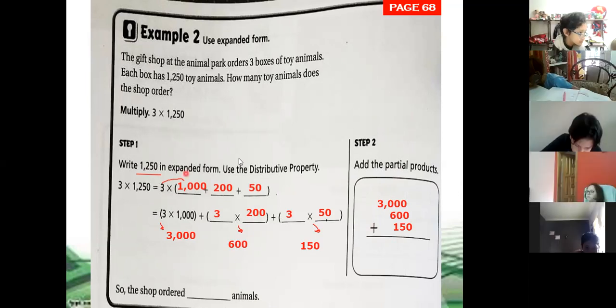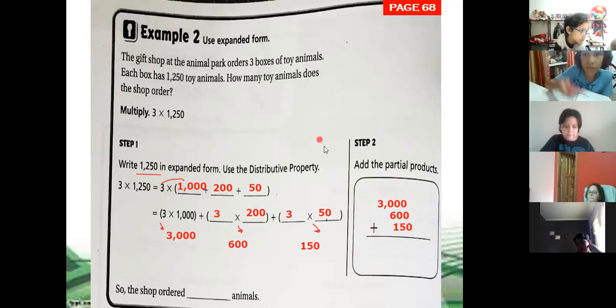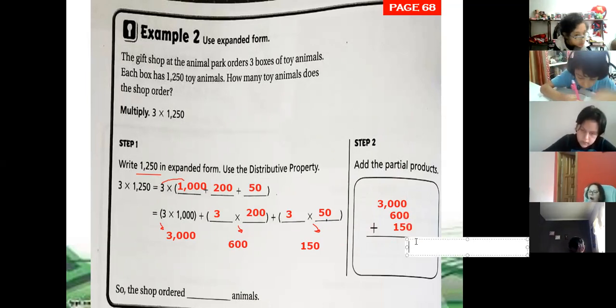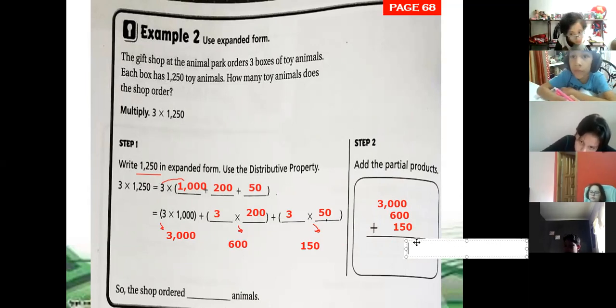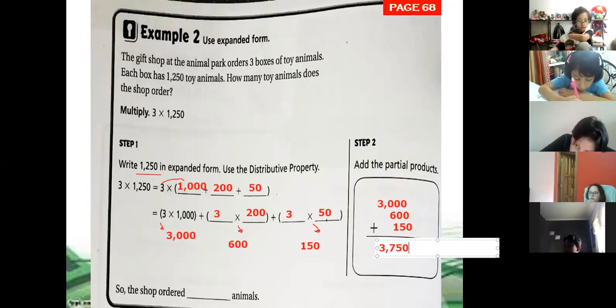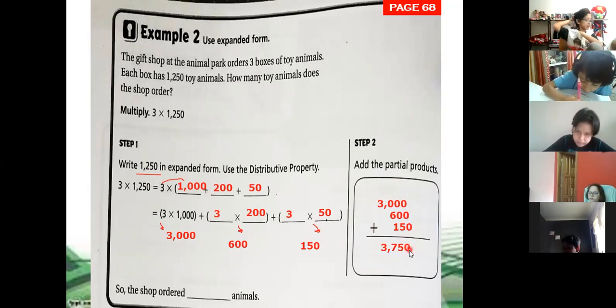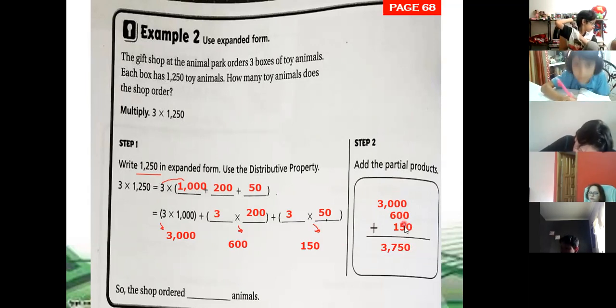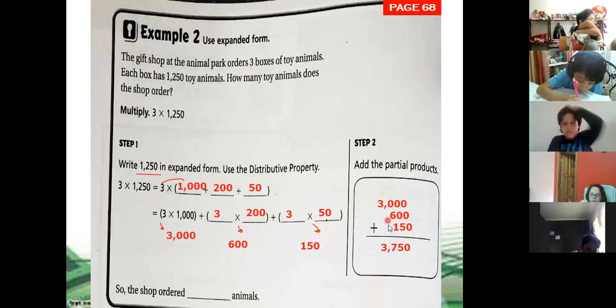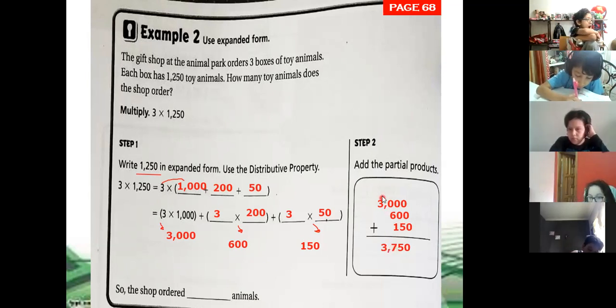We start adding. 0 plus 0 plus 0 equals 0, that's right. 0 plus 0 plus 5 equals 5. 0 plus 6 plus 1 equals 7. We write the comma because we start a new period. We start with the thousands, and 3, we just copy the 3. That's right, that is the answer.